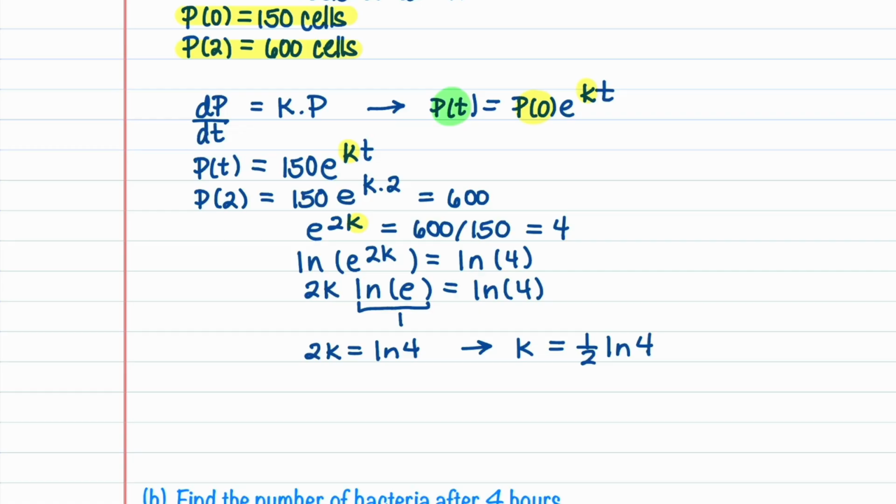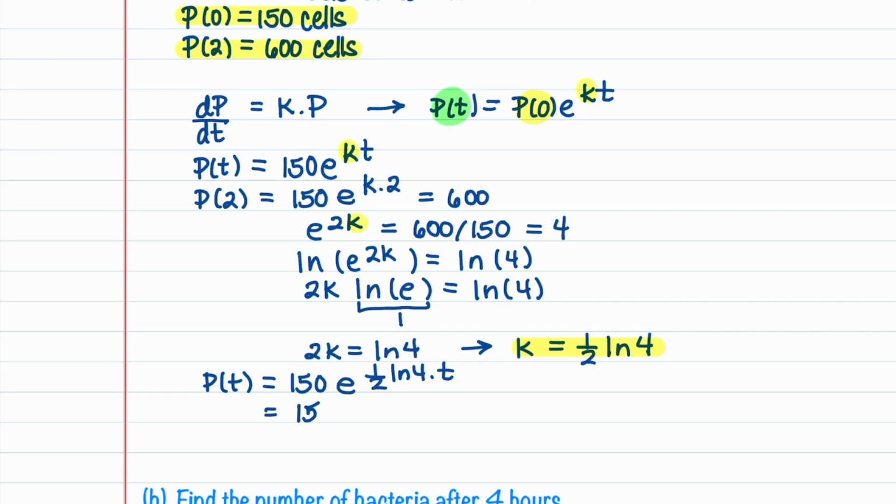Now what we're going to do is plug this expression back in for k. And we get P of t is 150 e to the 1/2 ln 4 times t. Now we're just going to change around the variables in the exponent.